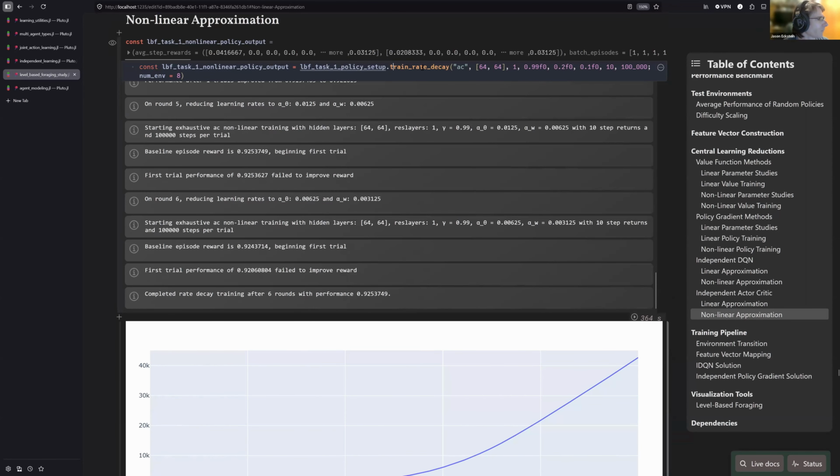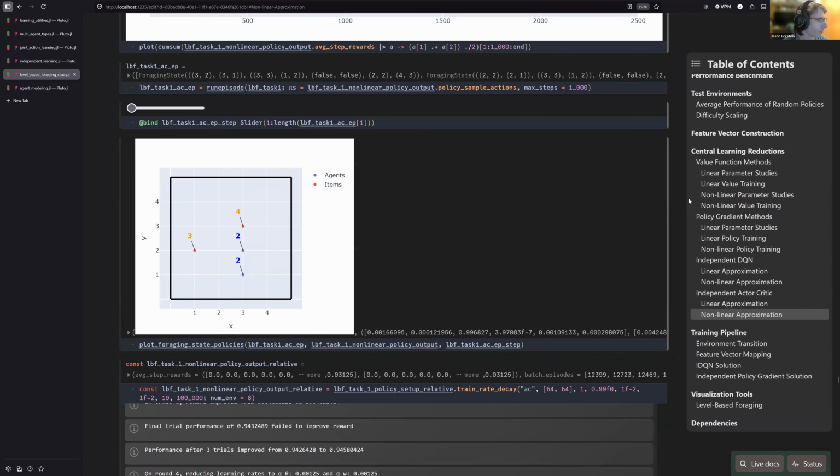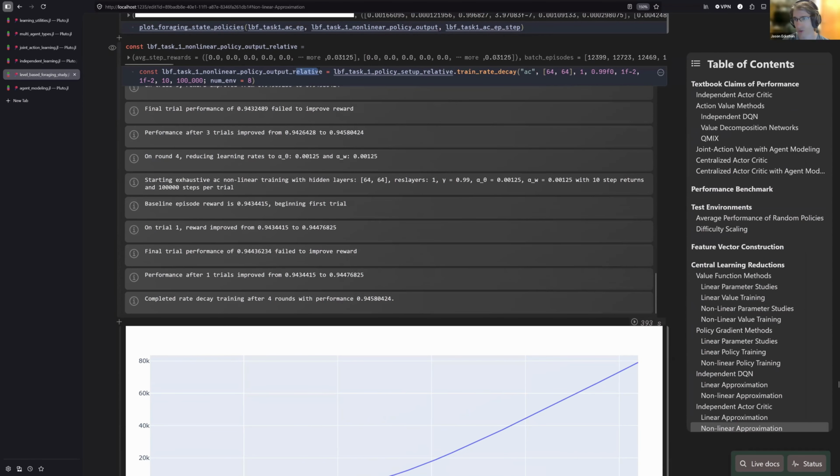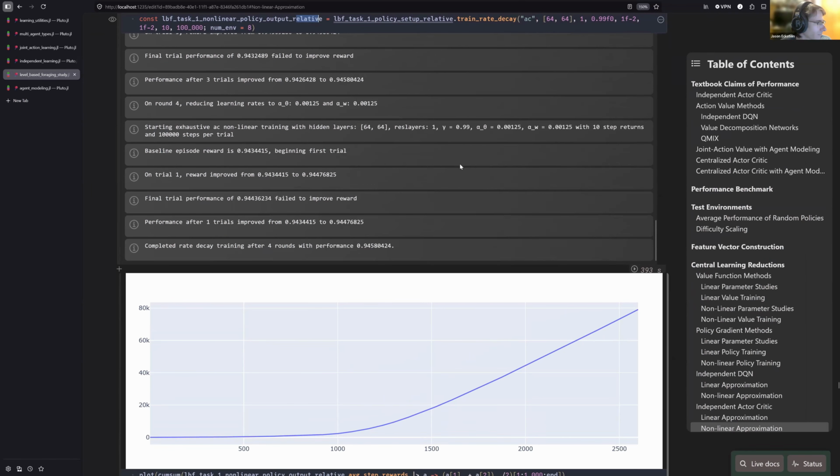This is using one type of encoding, feature vector encoding. I also showed a solution using that relative encoding, where each agent gets the relative position information. Again, you're sort of taking some of the work out of the agent's hands by pre-computing that stuff. And we can see this one seemed to have an easier time getting a higher success rate.